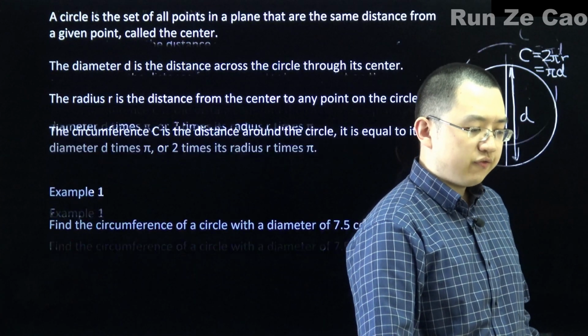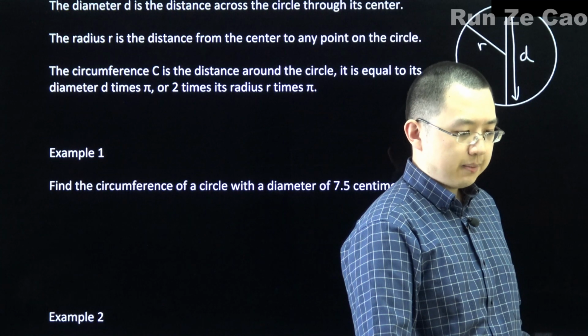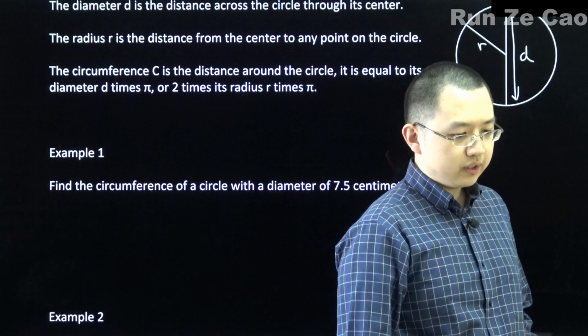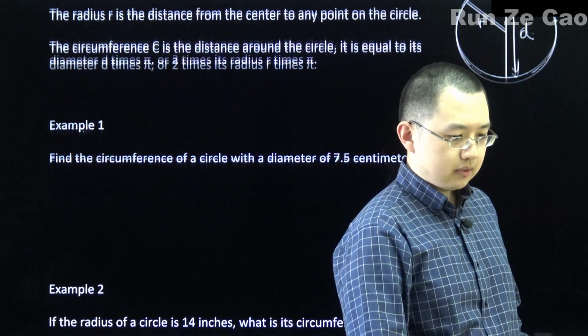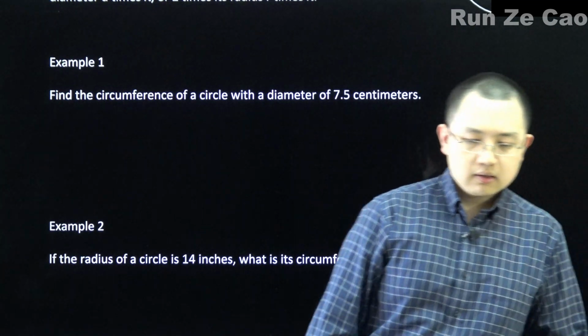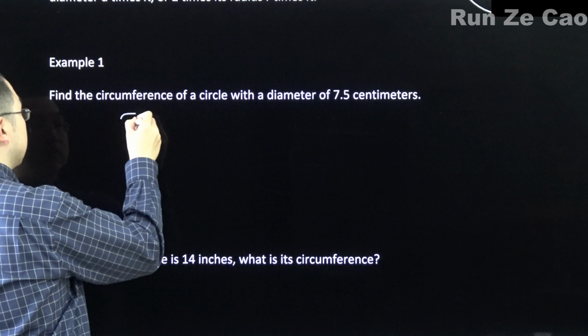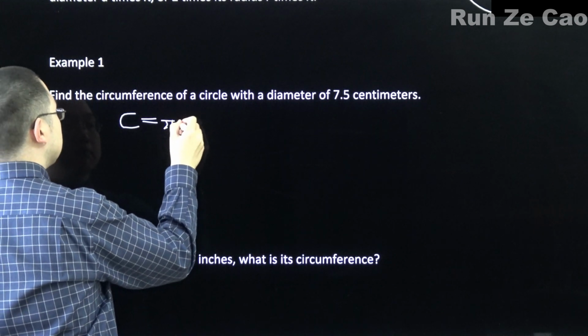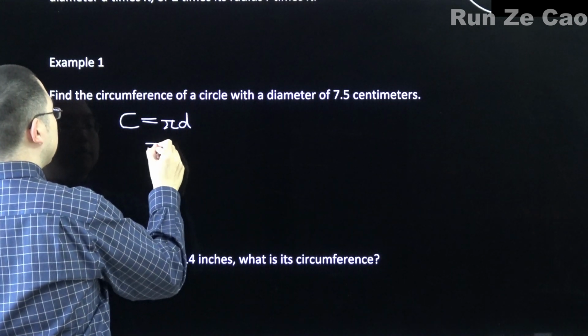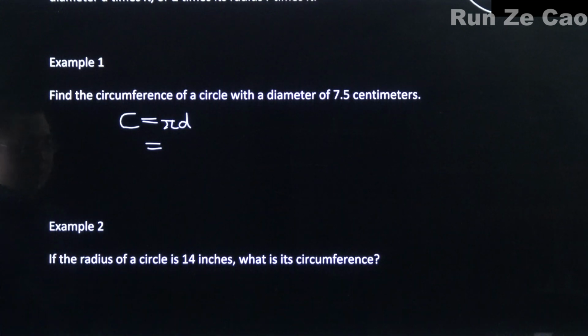So let's find the circumference of a circle with a diameter of 7.5 centimeters. Well, circumference is equal to pi d. Because pi is an irrational number, the exact value is just going to be pi times whatever the diameter is.